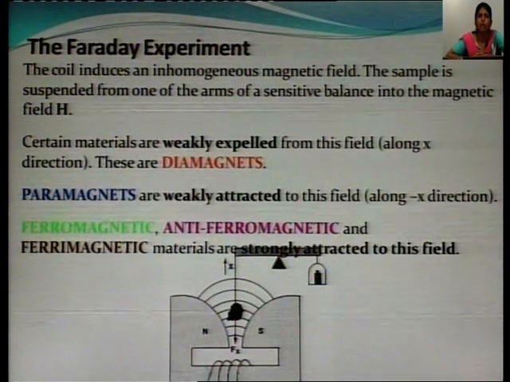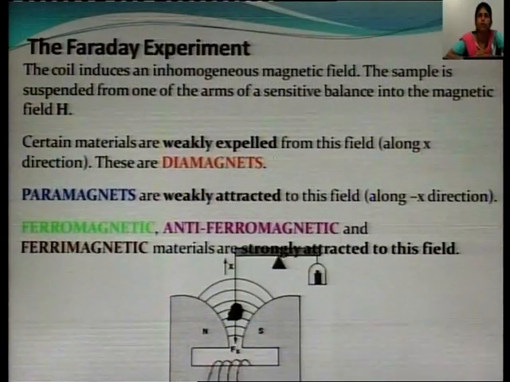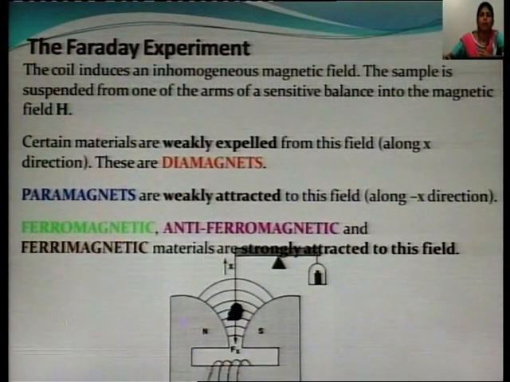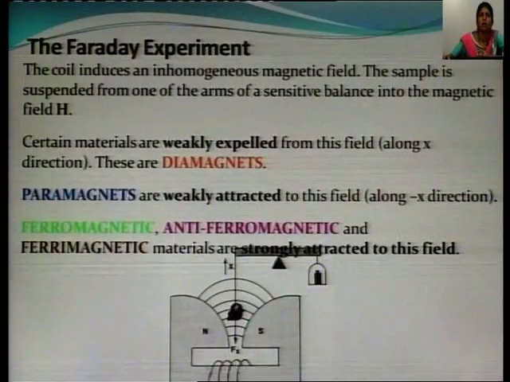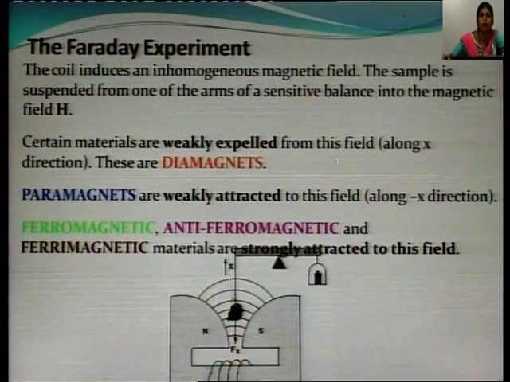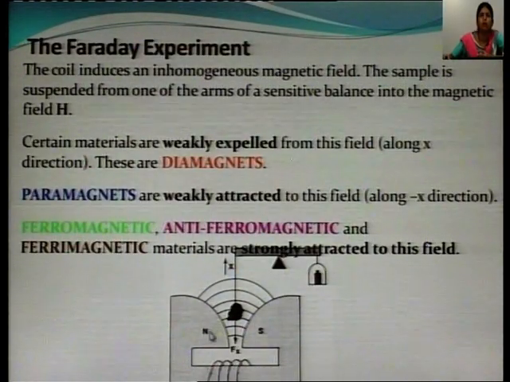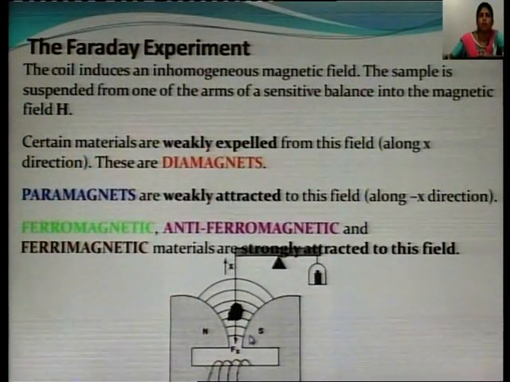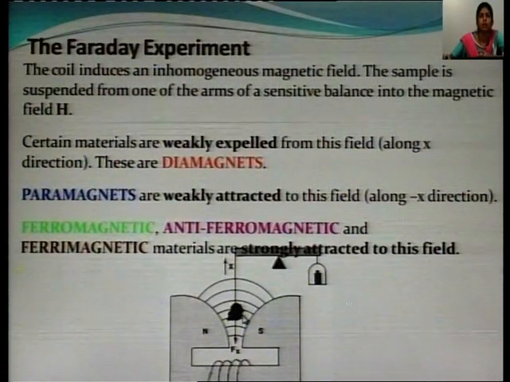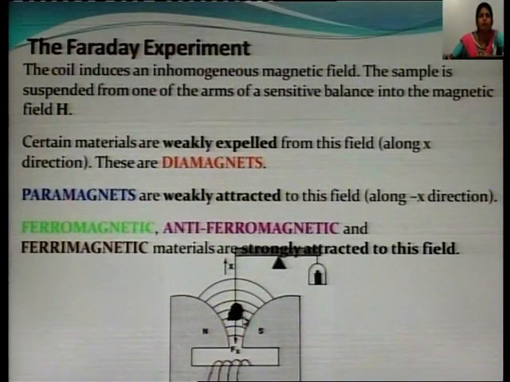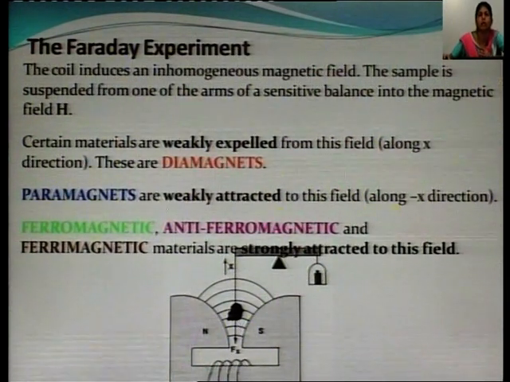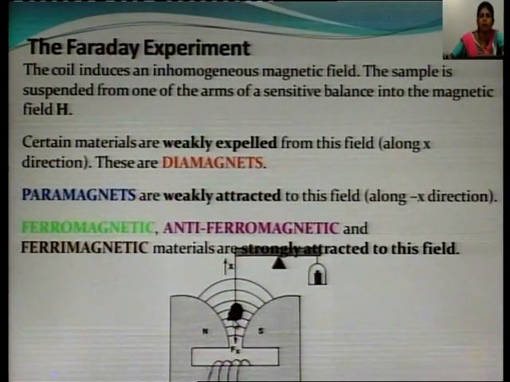Now certain materials are weakly expelled from this field. When this sample is suspended from this arm between the magnet, having north and south pole, if the materials are weakly repelled from this field, then these materials are referred to as diamagnetic materials.